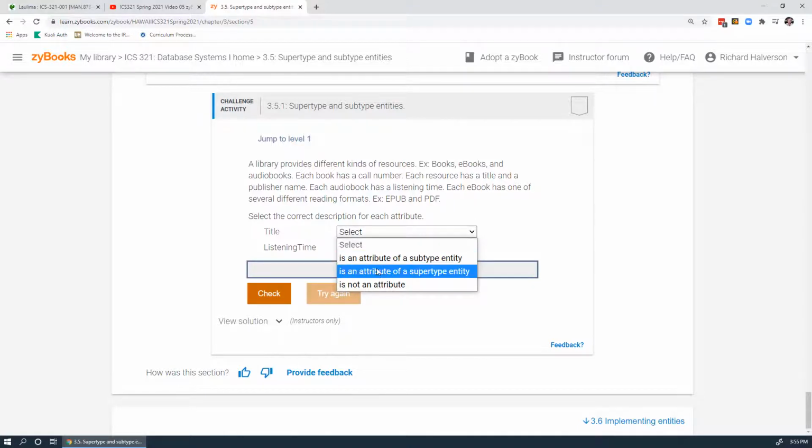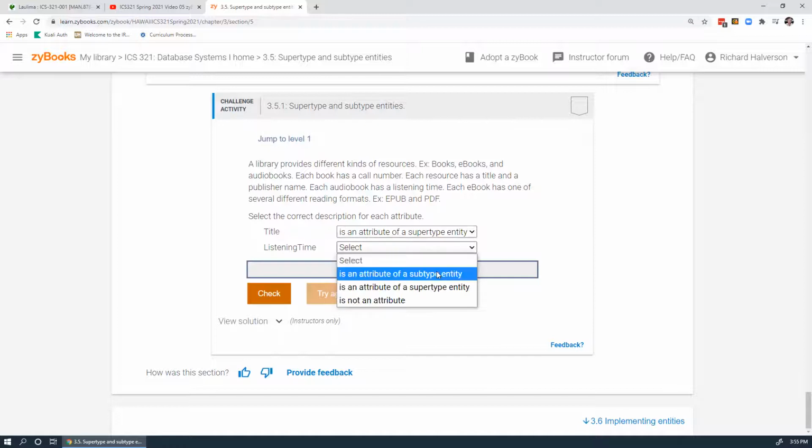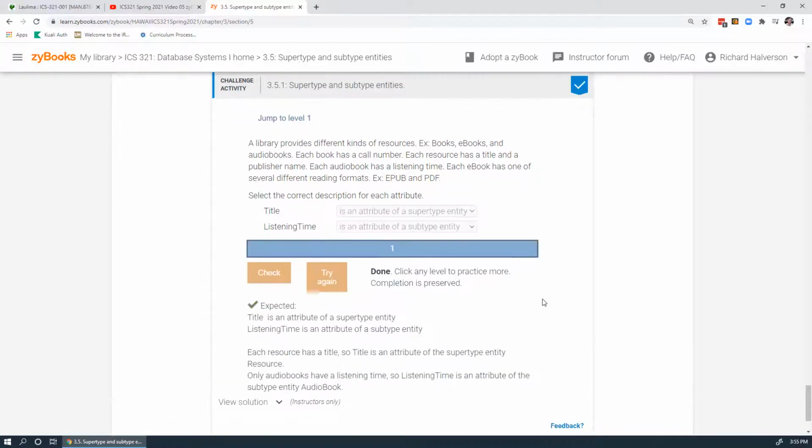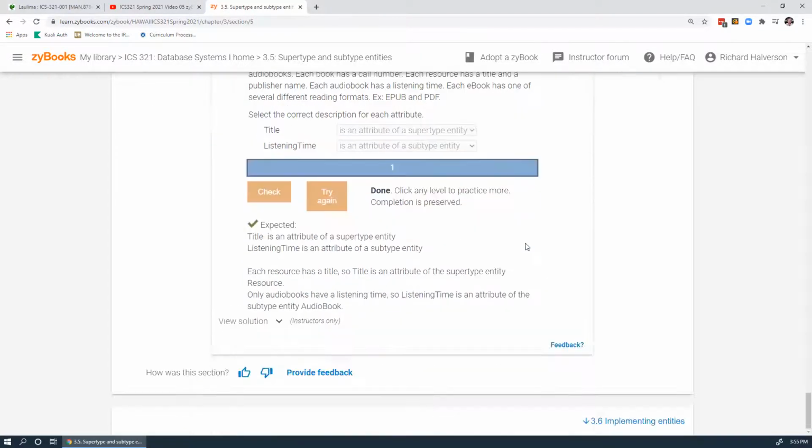So title is an attribute of a supertype entity. And then listening time would be an attribute of a subtype entity, because listening time only refers to an audiobook. Attribute of a subtype entity, I think. Okay, so that's all there was.